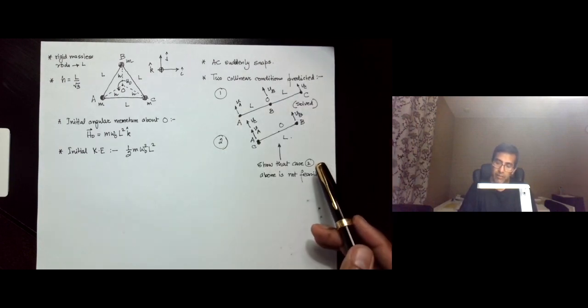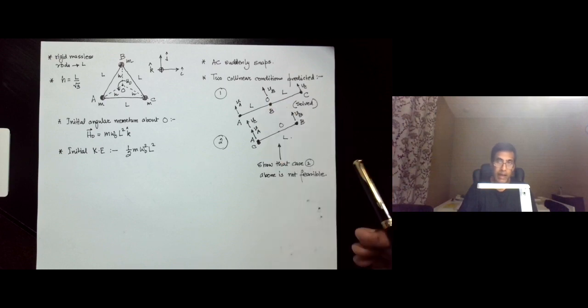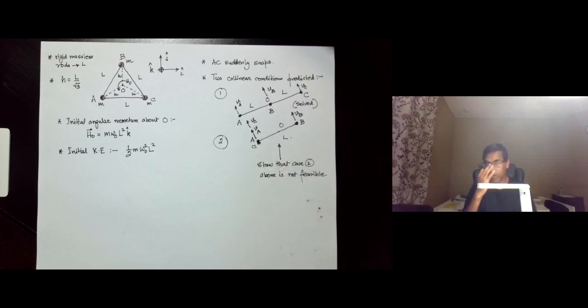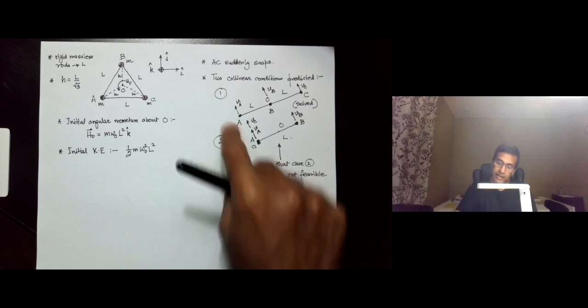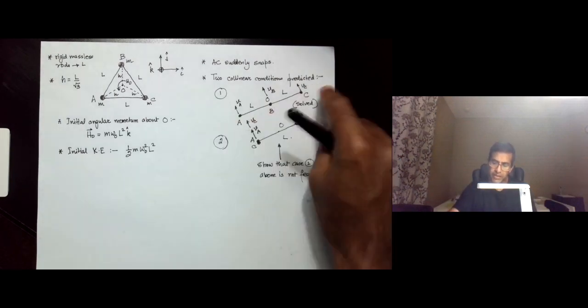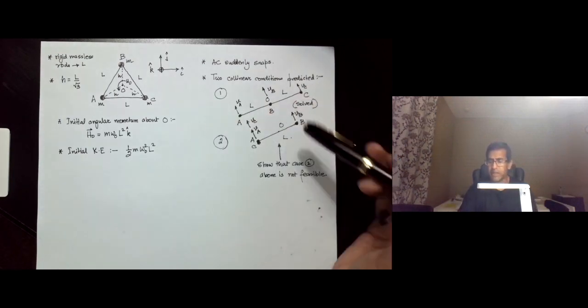So when this collinearity happens, this is one option that can happen. B exactly at O and A and C on either side. This can be an arbitrary angle. We don't care about this angle. We are not interested in finding that angle. We are more interested in finding the velocities when this collinearity happens, and this is one condition under which the collinearity happens.